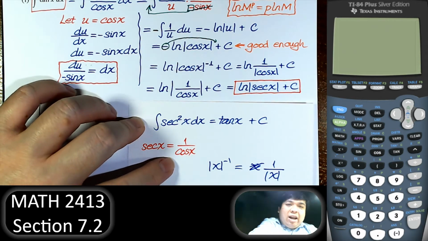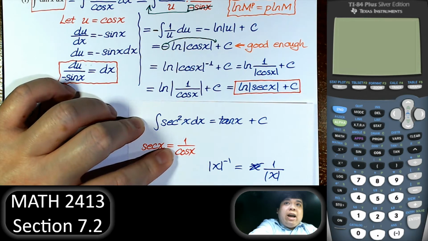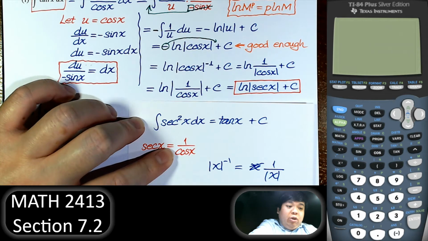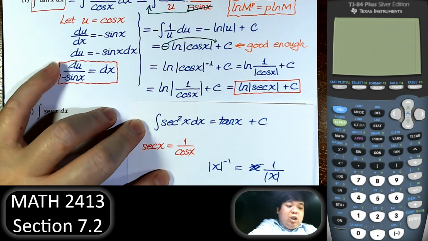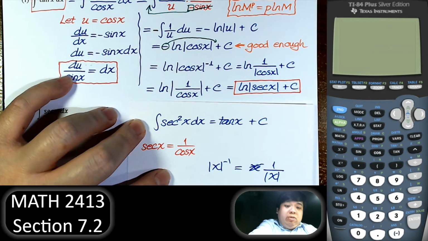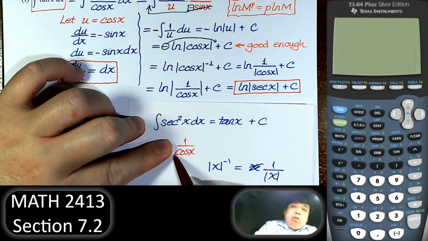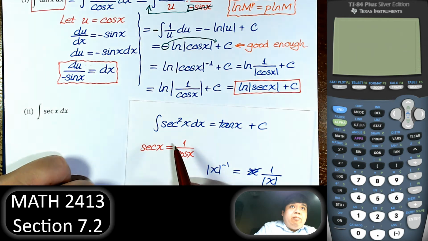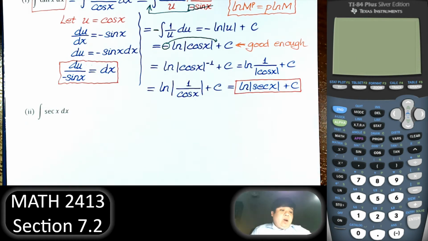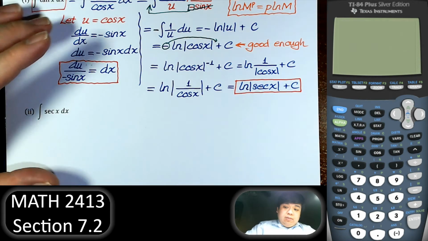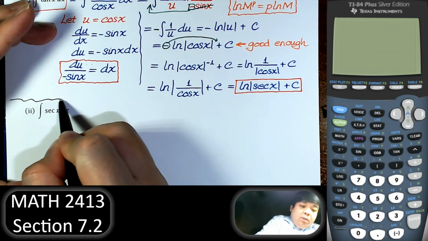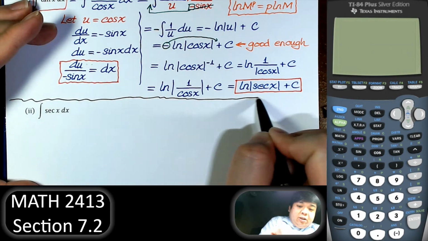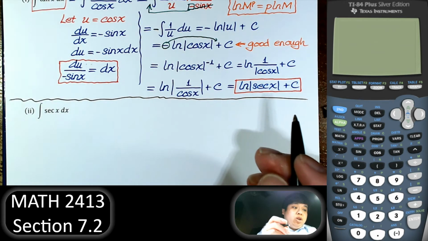However, if we do that, we let u equal to cosine of x. The derivative is du over negative sin x. There's nothing to simplify. When we take the derivative of cosine, it doesn't cancel. It will stay there. So that is the problem. So writing secant as 1 over cosine of x doesn't help, because substitution will not work.